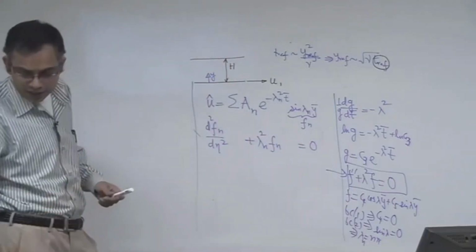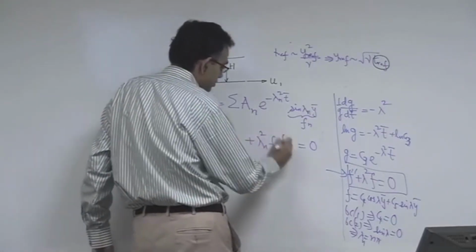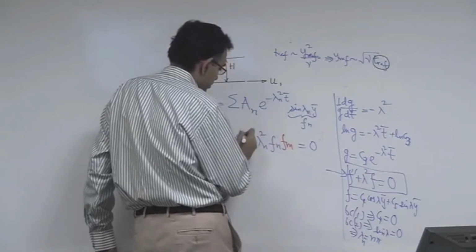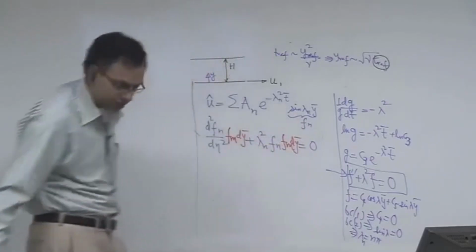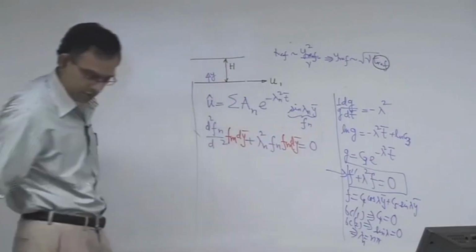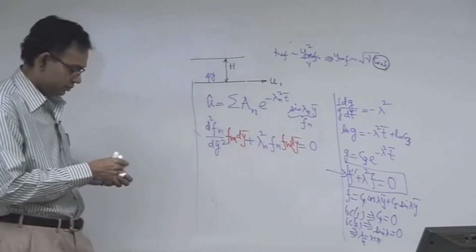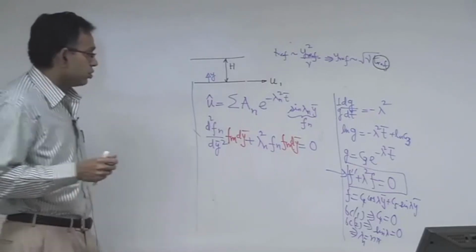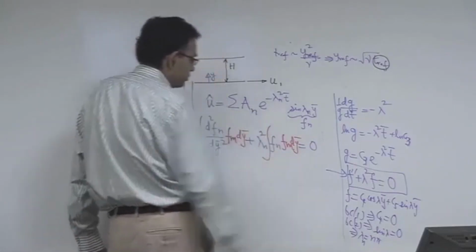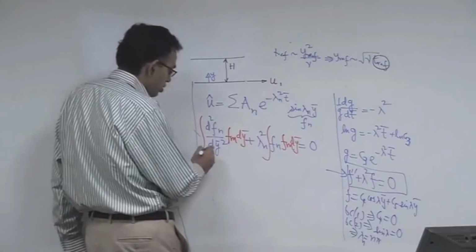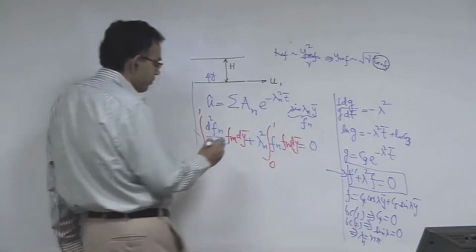What we do is we multiply this by f m and integrate it by parts, dy, from y is equal to 0 to y is equal to 1, with f m as the first function.